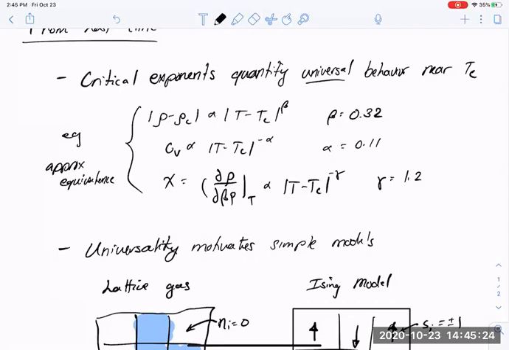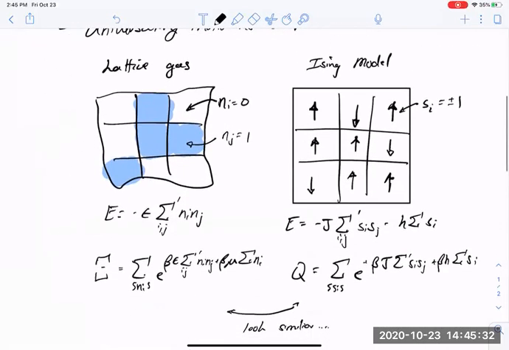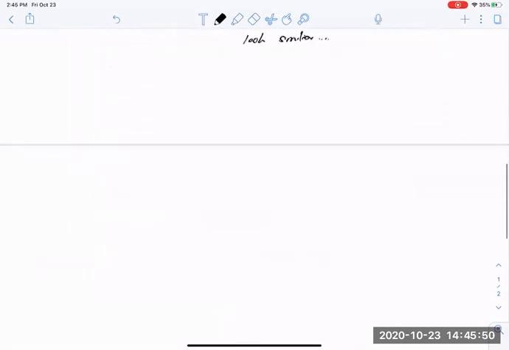So universality says that close to the critical point, molecular details don't matter. This notion of exact equivalence, as we'll show in a sec, is a statement that irrespective of what external parameters I'm considering, these two models are exactly the same. Okay, so let's go ahead and show that, remind ourselves how we work through that calculation.